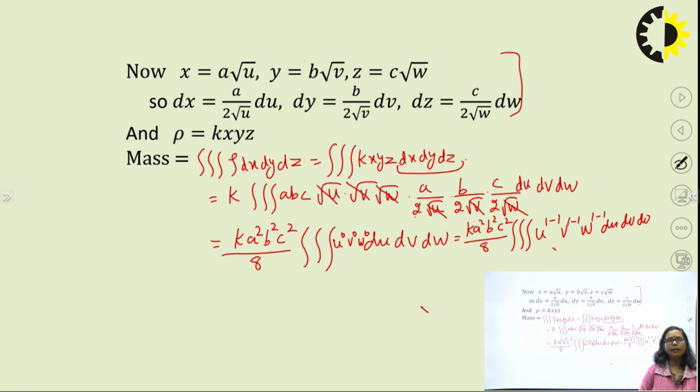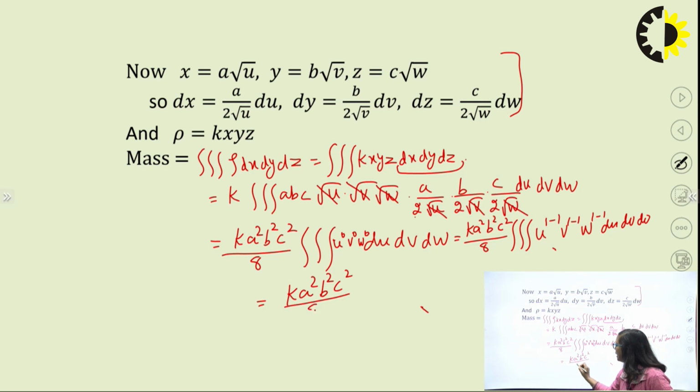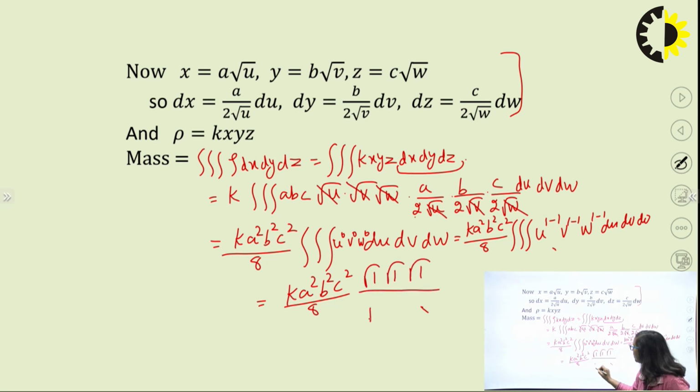Solving it by the Dirichlet integral, this is nothing but k a square, b square, c square upon 8, each element taking the value 1 here. So by Dirichlet, it's gamma 1, gamma 1, gamma 1 upon gamma of 1 plus 1 plus 1 plus 1, which is gamma 4 in the denominator. Now just solving it, gamma 1 we know its value is always 1.